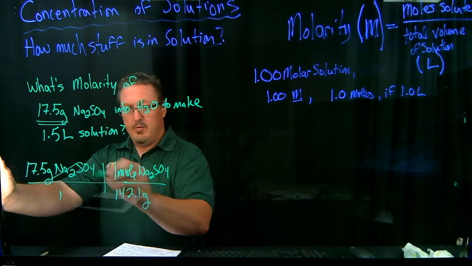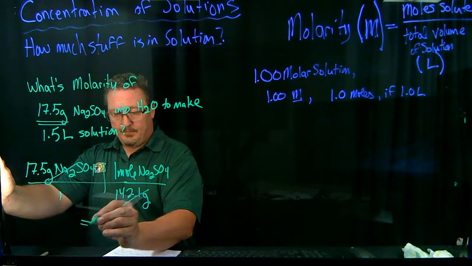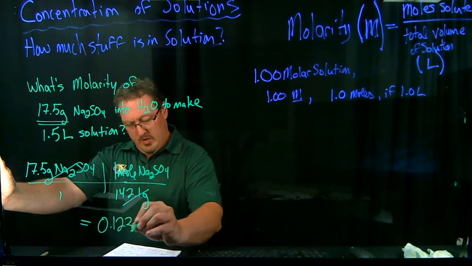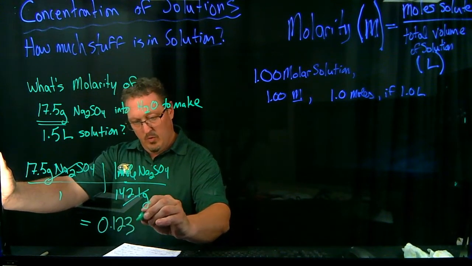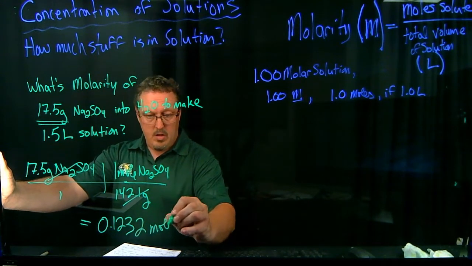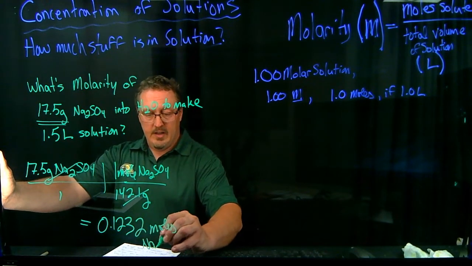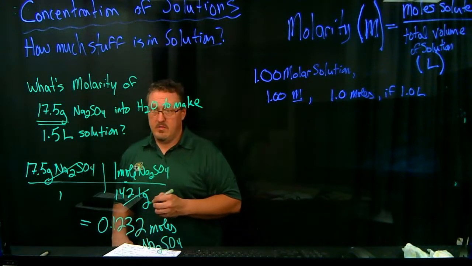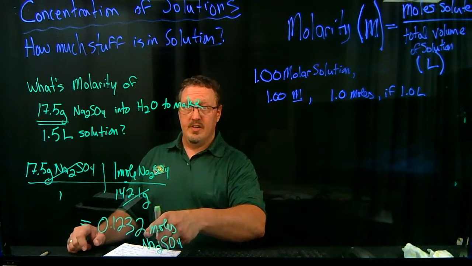So grams go away, and that tells me that we have 0.1232 moles of Na2SO4. So now we've got one part of it done.